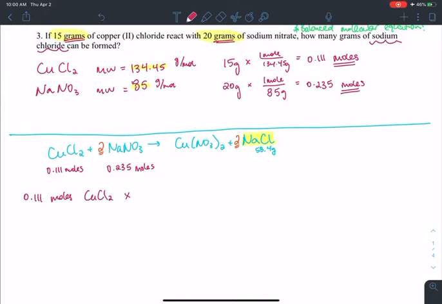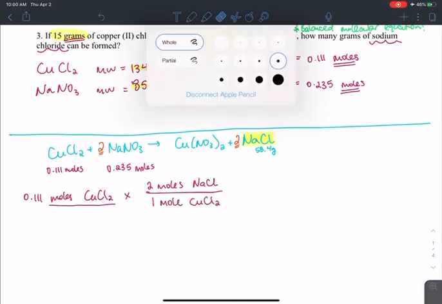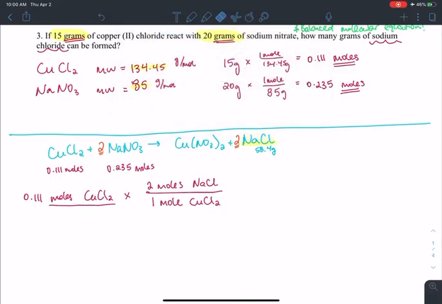In order to do that, we have to use the stoichiometric coefficients. So we're in units of moles of copper chloride now, so we'll do 2 moles of sodium chloride for every 1 mole of copper 2 chloride. Now, where did these numbers come from? They came from the stoichiometric coefficients.